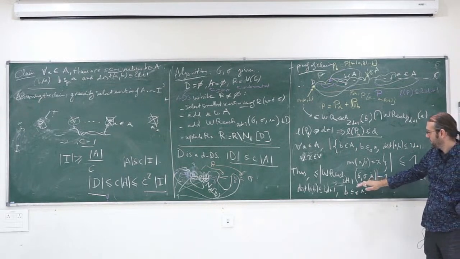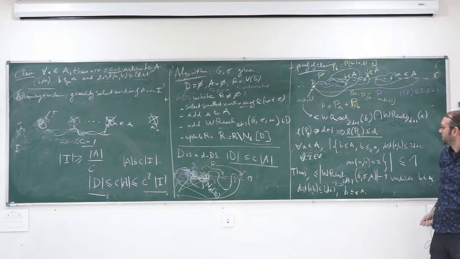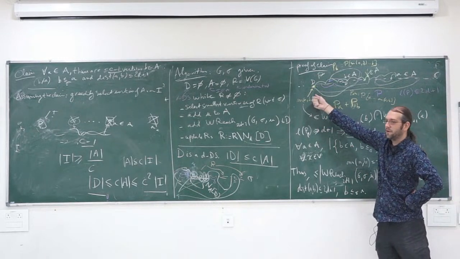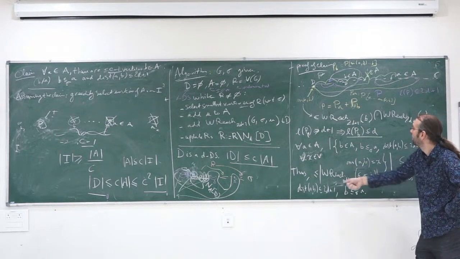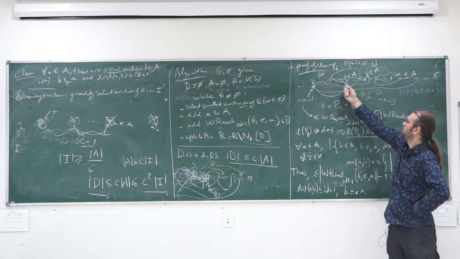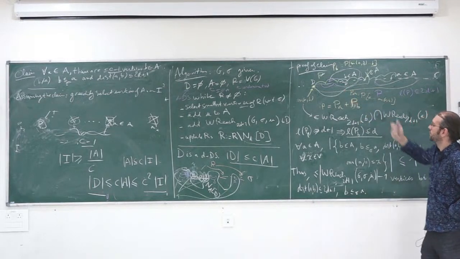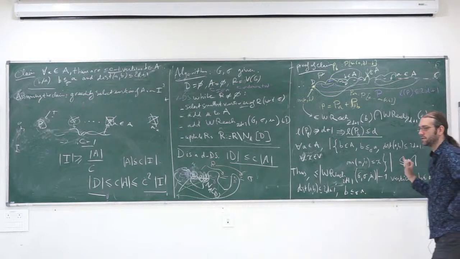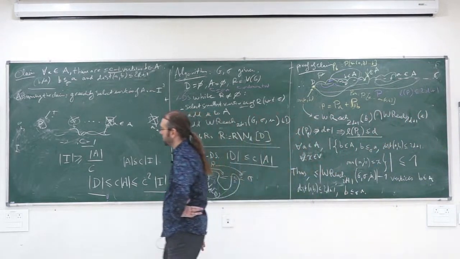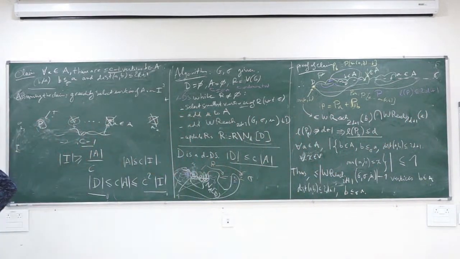Because for each of them you will find some minimum. Each minimum is in this reachability set, so that's the number of possible minima. And each minimum gives you one B at most. So you don't have too many B's. And I guess this finishes the proof.